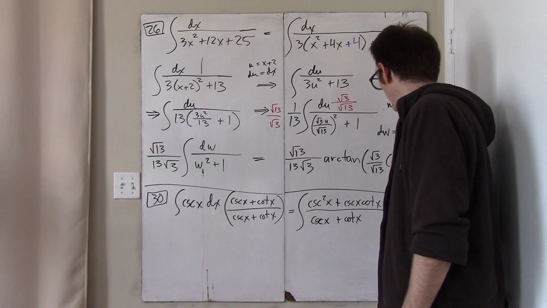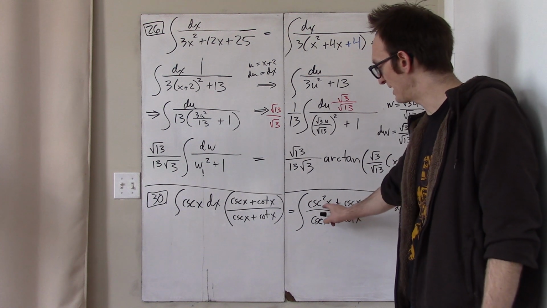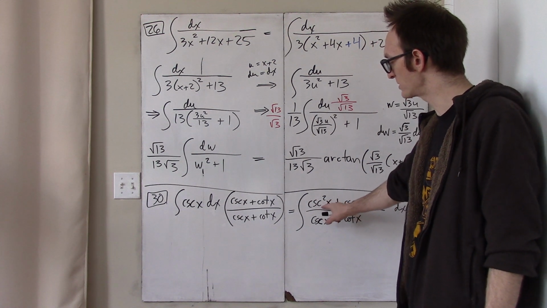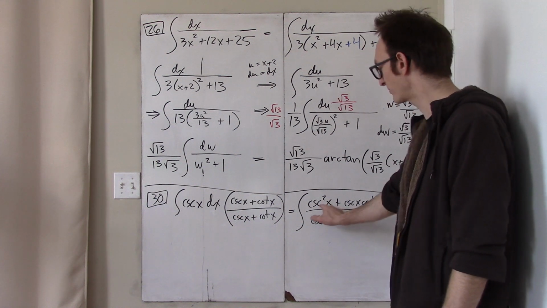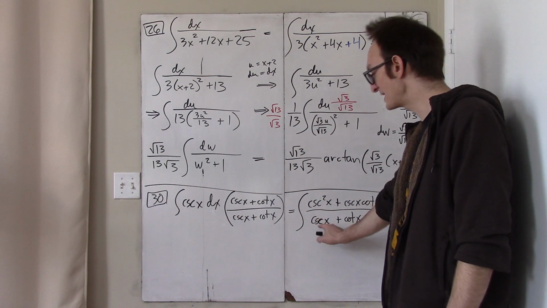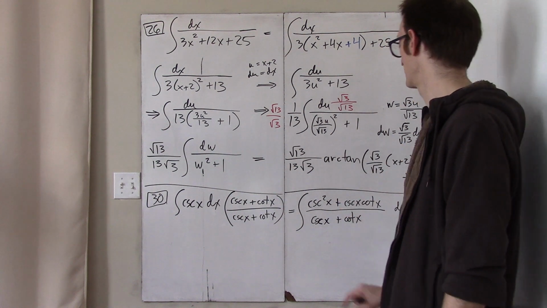Now I recognize that cosecant squared is almost the derivative of cotan. In fact, the derivative of cotan is negative cosecant squared, and the derivative of cosecant is negative cosecant cotan.